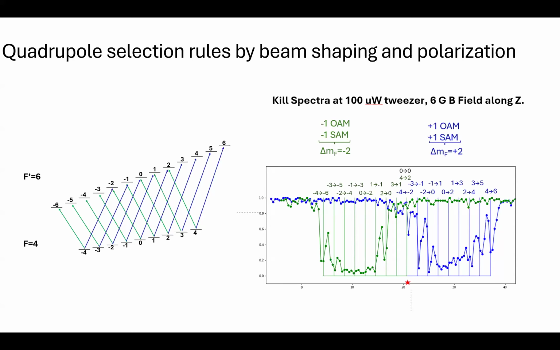The more common technique is Raman sideband cooling, so what are the benefits of doing this instead? This requires just one beam which is focused down.